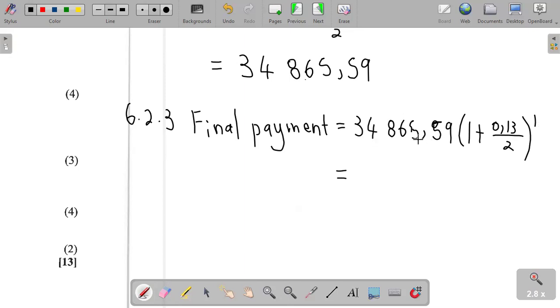All the other payments will be 57,000. You understand? And then it's going to be 37.85. This will be the value of the final payment.